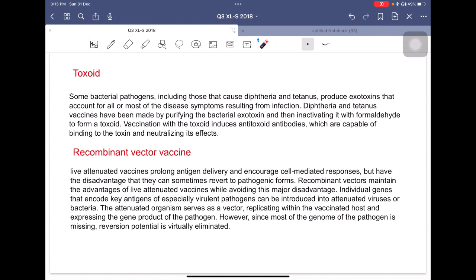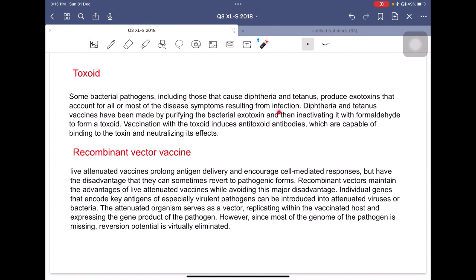Once these bacteria infect their host, they produce exotoxins, which are responsible for the disease symptoms. Diphtheria and tetanus vaccines have been made by purifying this particular exotoxin from the bacteria.